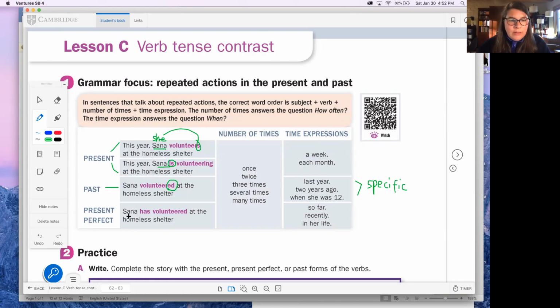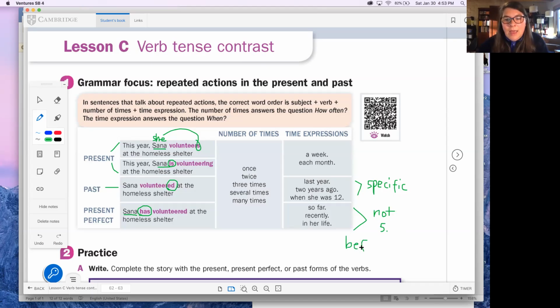And then present perfect, this is a she. So because it's she, you have has. If it's I, you, we, they, it would be they have volunteered. And so far, recently, and in her life, those are not specific. These are specific points in time. These are not. They're basically just before.